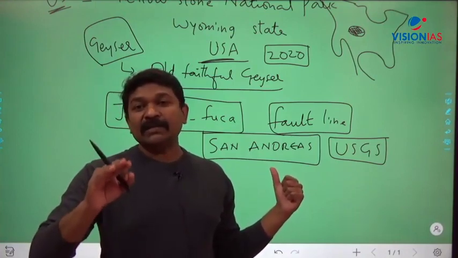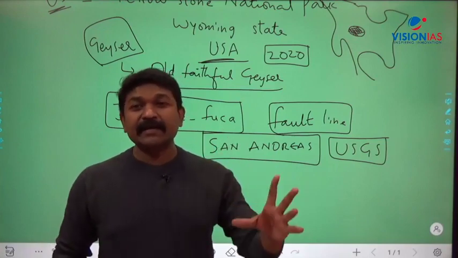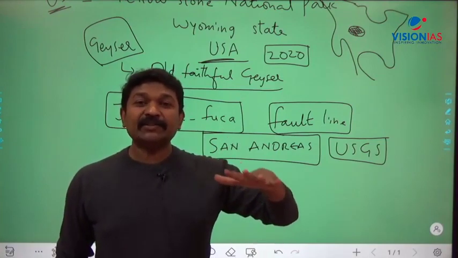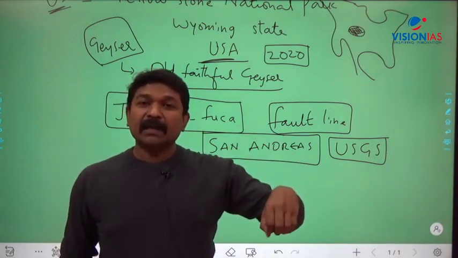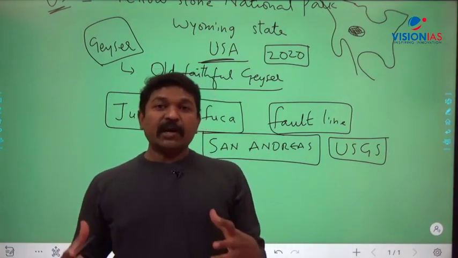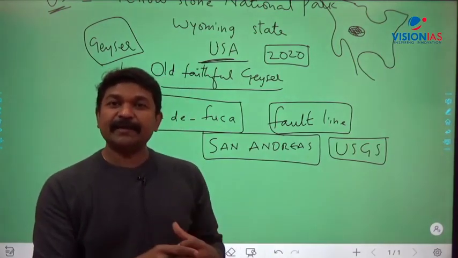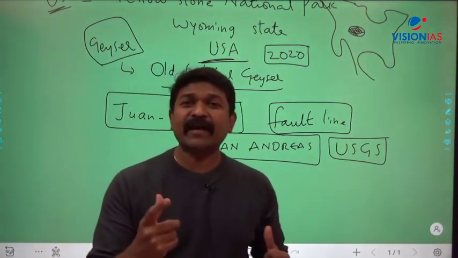And once the Yellowstone National Park triggers, the entire United States of America will be on their toes. Why? Because so much energy has already accumulated. They are waiting for the triggering factors.